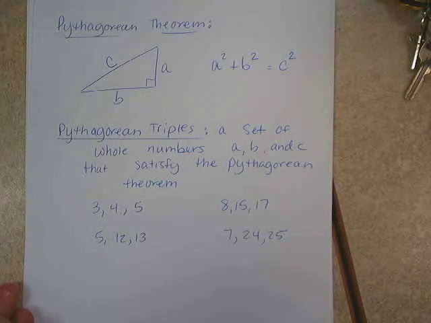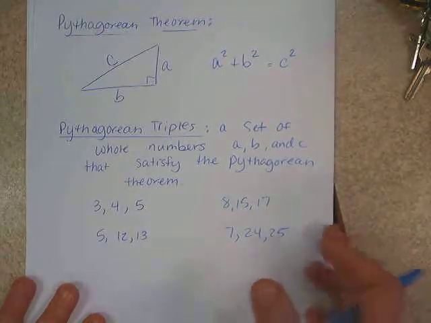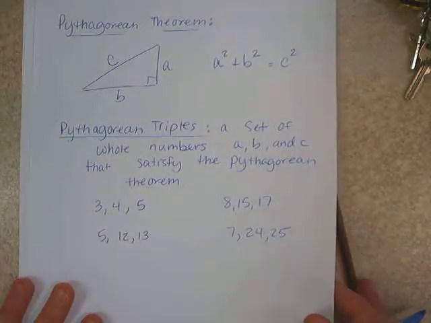Okay, one of the things you're going to be doing is checking lengths of sides to see if they fit into a Pythagorean triple, or to find a missing side.